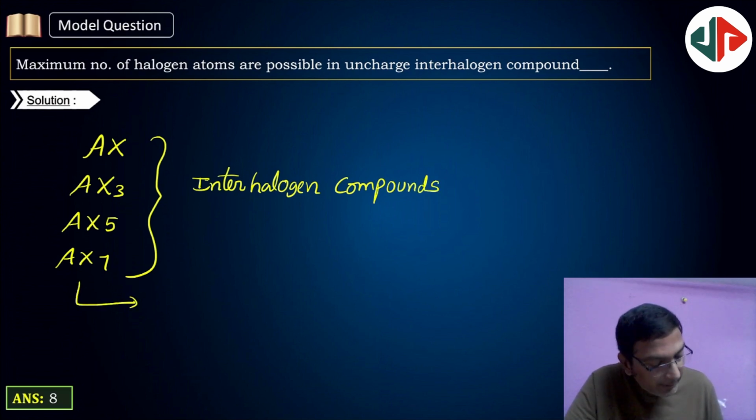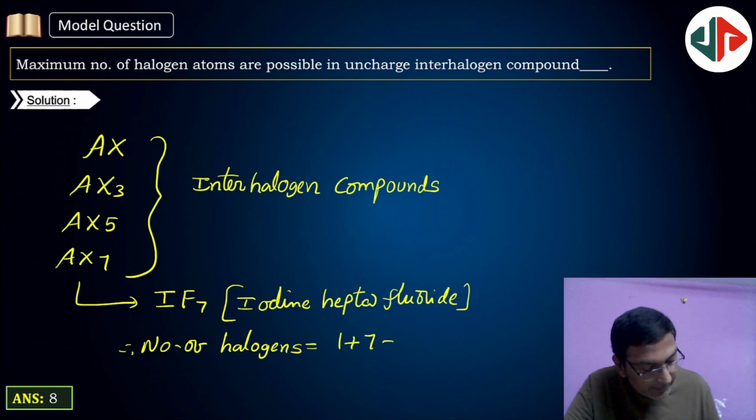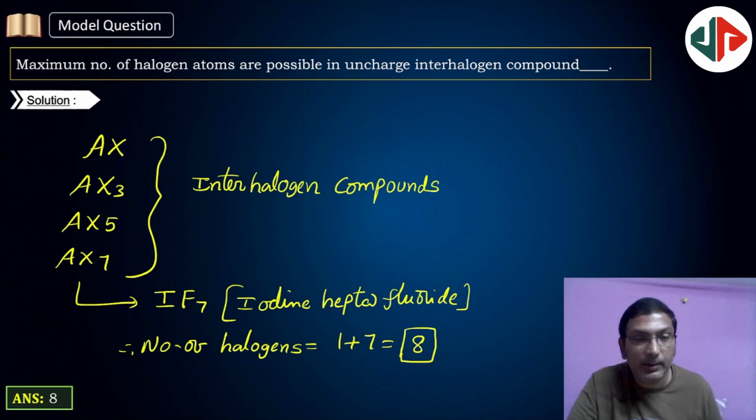Next, here for AX7, IF7 is the example, iodine heptafluoride. So therefore number of halogens equal to 1 plus 7, which is 8. So 8 is the answer.